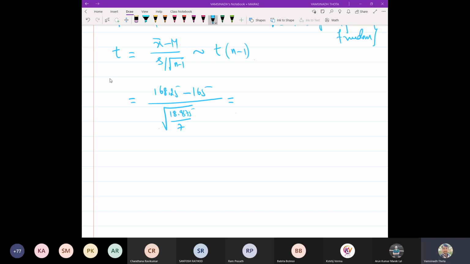168.25 minus 165, so in the numerator we have 3.25, upon, in the denominator, the value is the square root of 18.9375 divided by 7. So what do we have? 1.644 something I am getting here. So 1.645 also I can take.